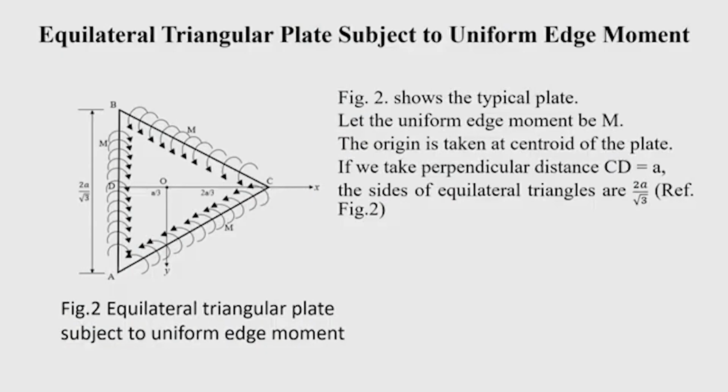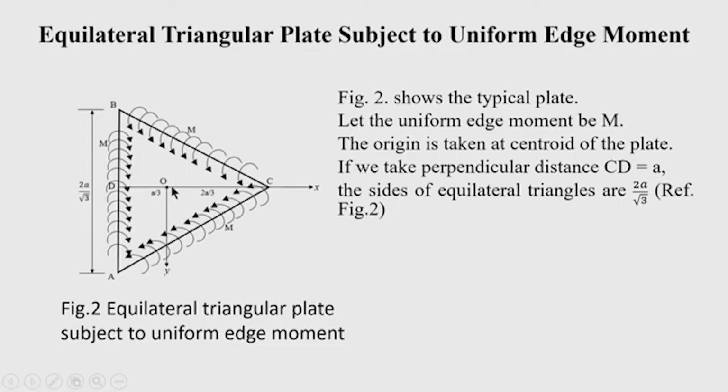Now, here the problem is a triangular plate, but for simplicity I have taken an equilateral triangle. So, each angle of the triangle is 60 degrees, and we consider that uniform moment distributed along the edges of the triangle is applied, symmetrical moments are applied.